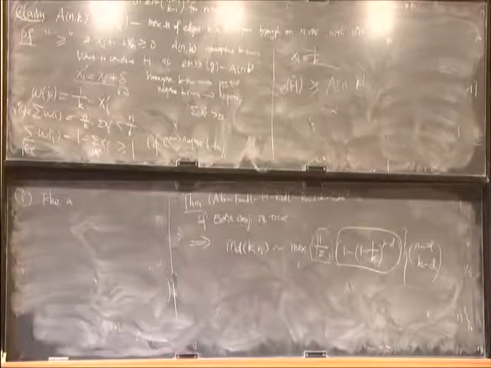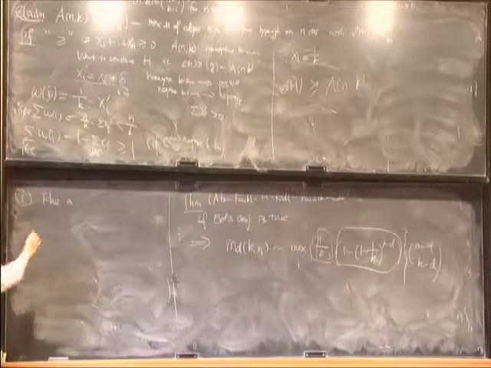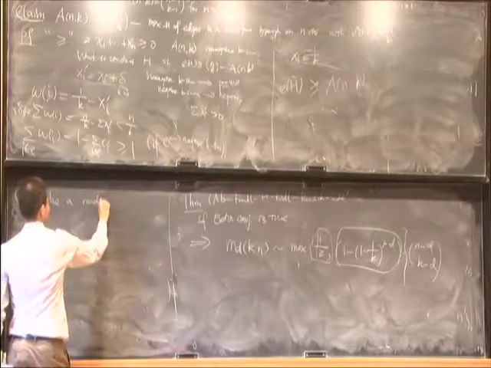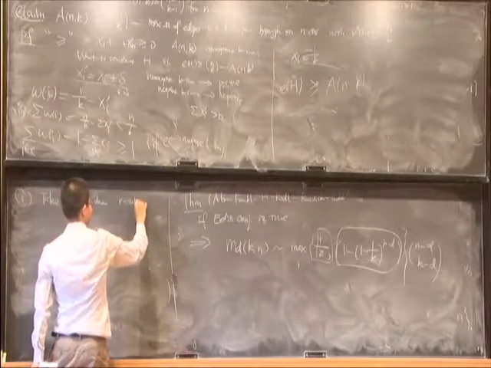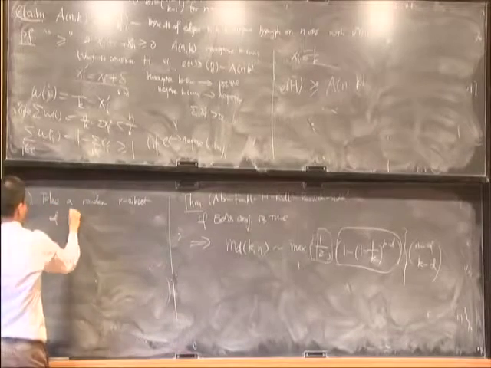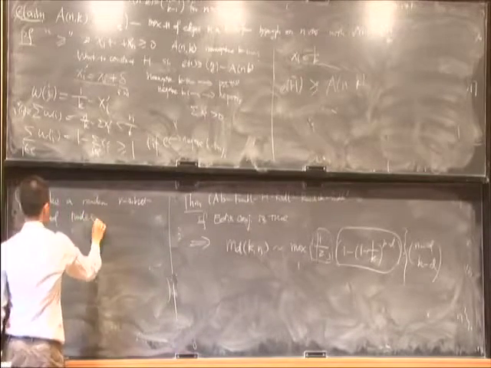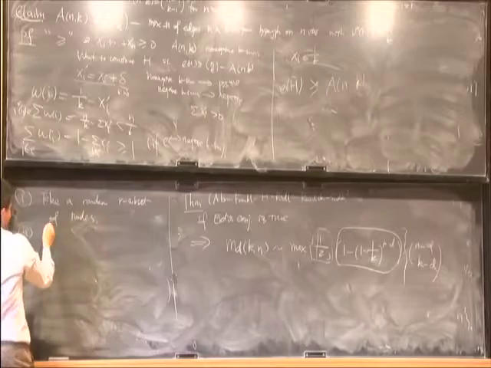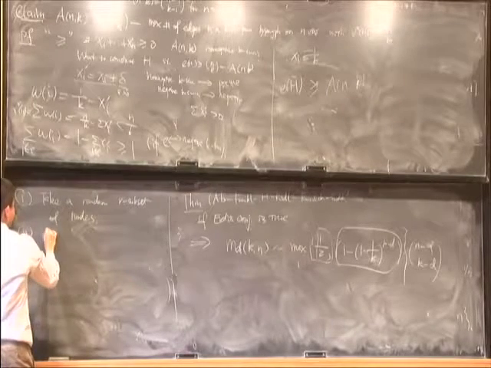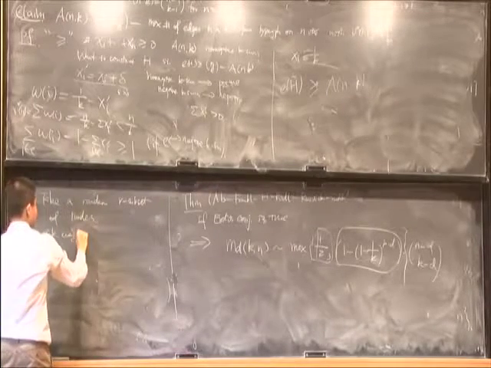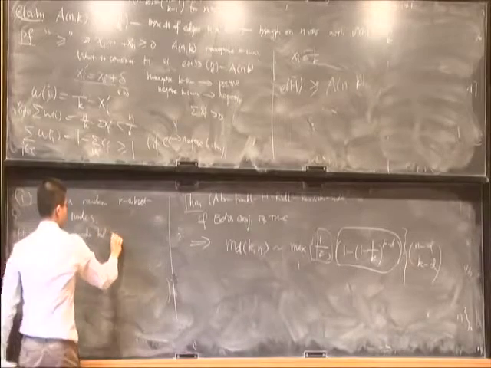Let's assume there are n nodes. The first model is, you take a random R subset of the nodes. And the second model is, pick every node independently with probability p.